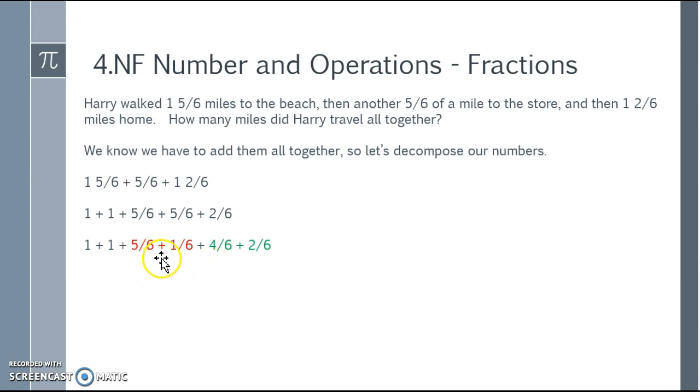So 5/6 plus 1/6 would give us 6 copies of 1/6, which we know is a whole, and 4 copies of 1/6 plus 2 copies of 1/6 is also 6 copies of 1/6, so another whole. Adding all of my whole pieces together, I see that Harry walked 4 miles.